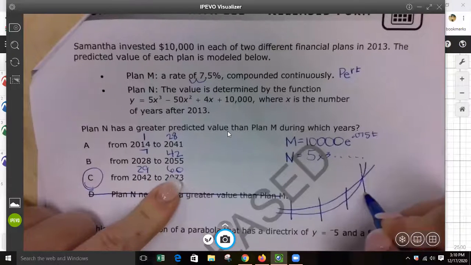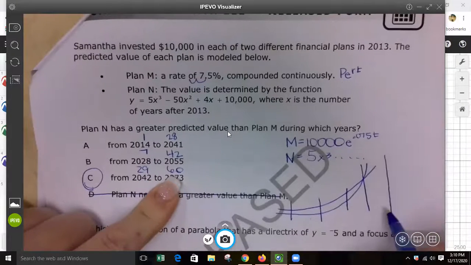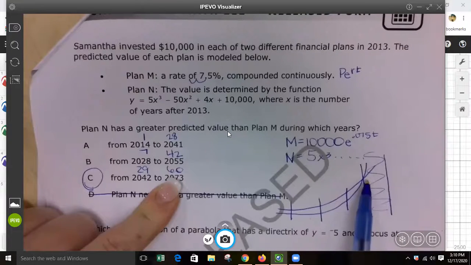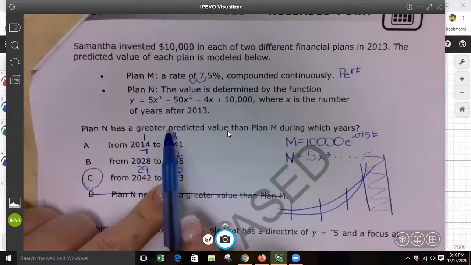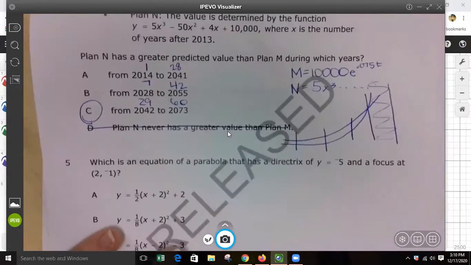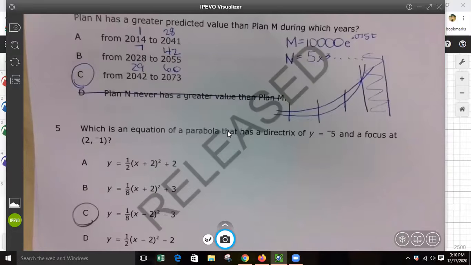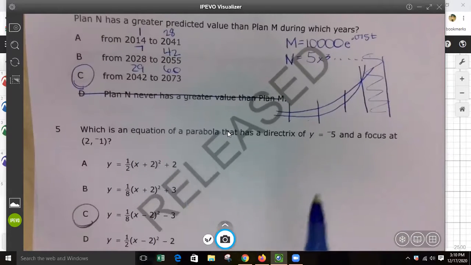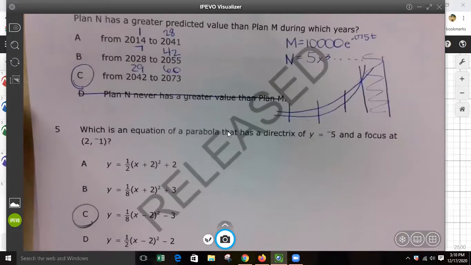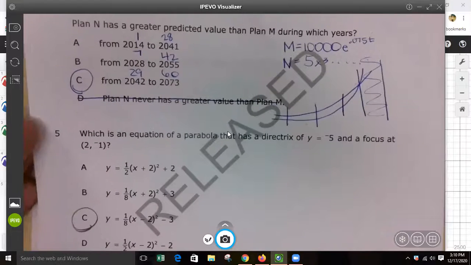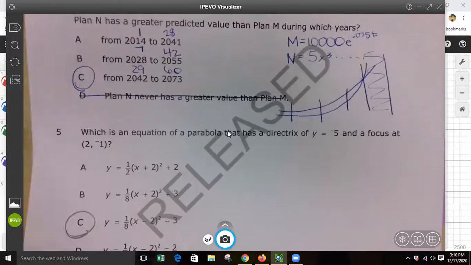But then 29 to 60 was this area right here where the red actually went above. So that's when M was bigger. And it's just graphing and manipulating your graph. This is what they like to do, they like to give you big numbers where you have to really mess up your graph a lot. So I apologize. That one was kind of weird, but it's just manipulating your calculator.